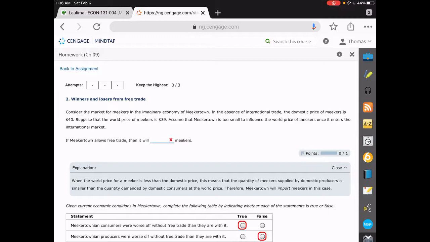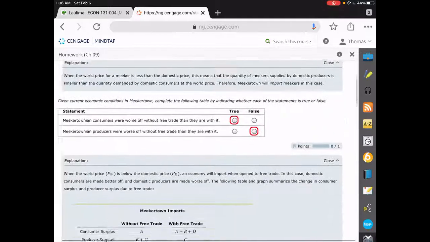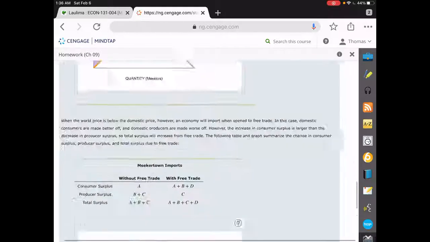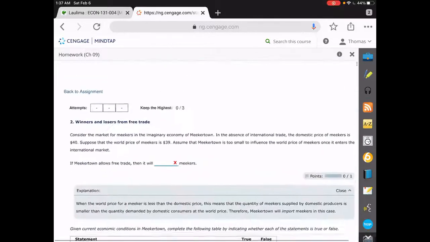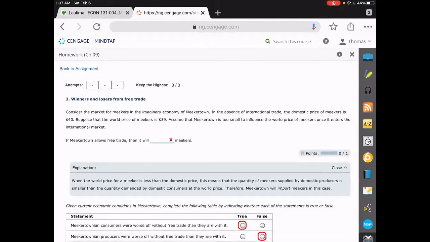Now, winners and losers from free trade. So we have an economy where Meekers, I don't even know what Meekers are. Domestic price of Meekers is $40.